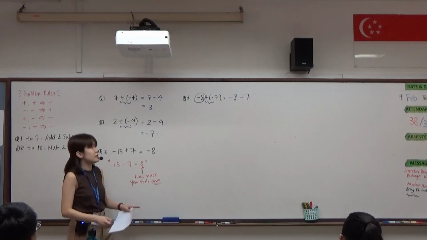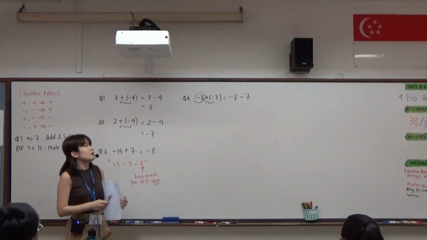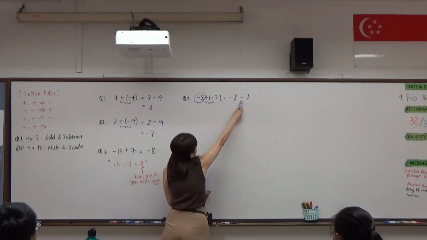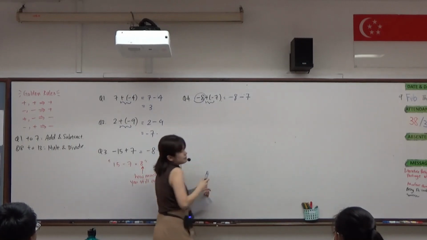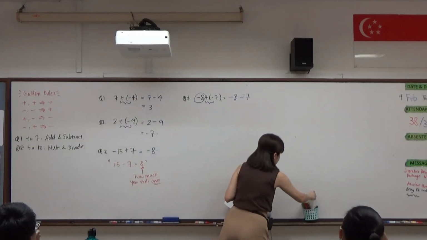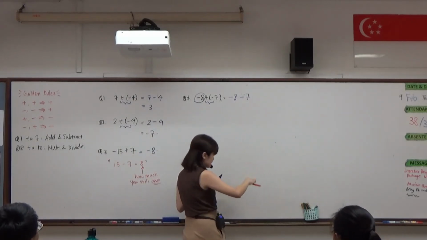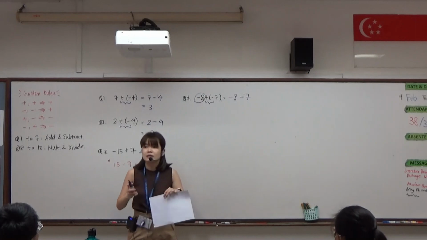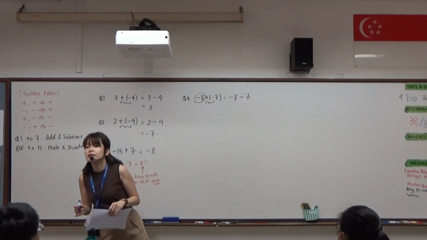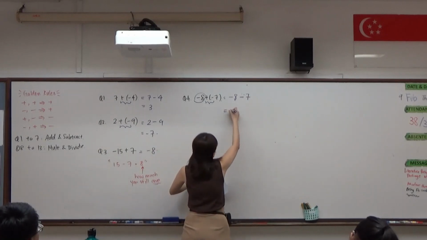So it should be negative 8 plus minus change into minus, then the 7 is left there. So now, what will our next step actually be? One final answer. Katie. Yes. What's your answer for this? Negative 15, excellent.